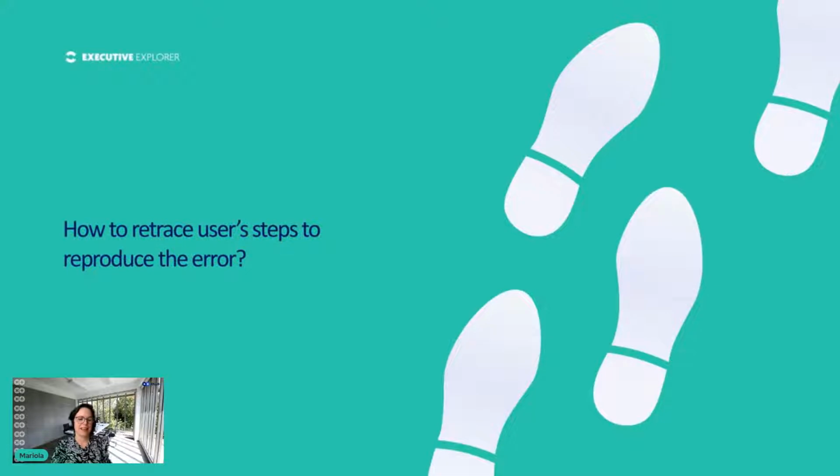Let's imagine what the first question from the support team is: please tell me, what exactly did you do? What did you click on? What did you type? And give us more details about it.